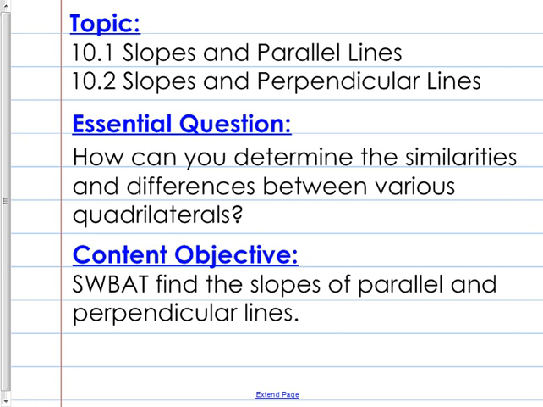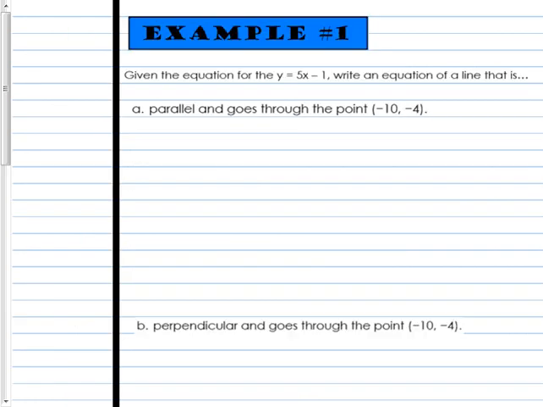After today's lesson, hopefully you will be able to find the slopes of parallel and perpendicular lines and solve problems regarding those slopes. Back in, I believe it's lesson 4.5, we talked about parallel and perpendicular lines. If lines are parallel, they have the same slope. Same exact slope.